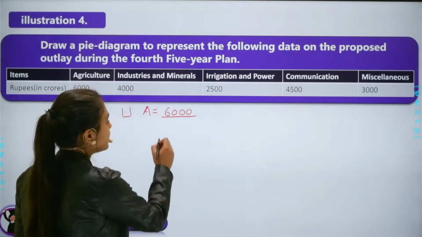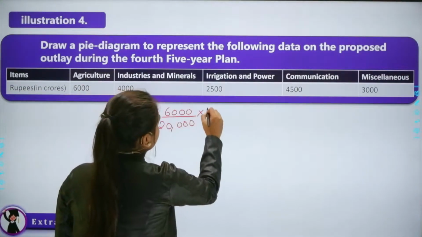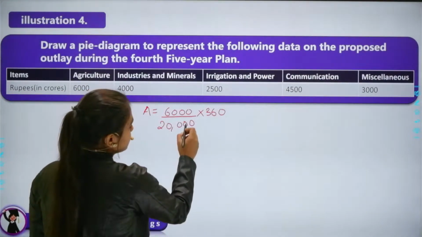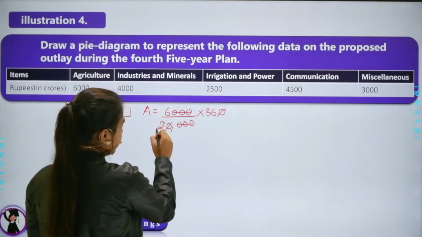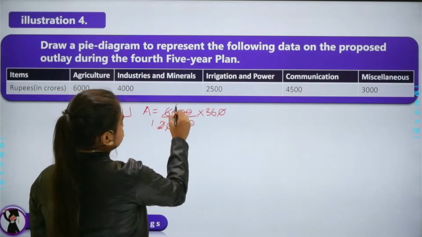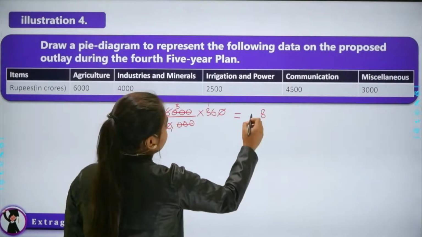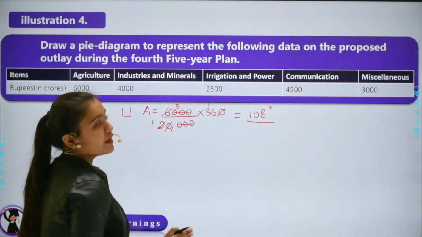This means the total becomes 20,000, so 6,000 upon 20,000 into 360. Cancelling 3 zeros, we get 3 6s are 18, 3 3s are 9, 10, 108 degree. So for agriculture we are getting 108 degree.